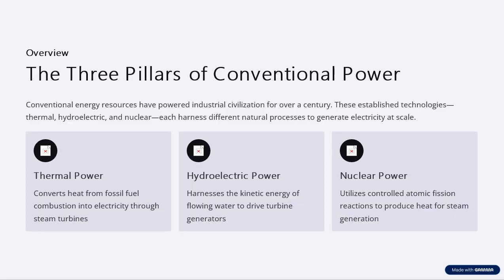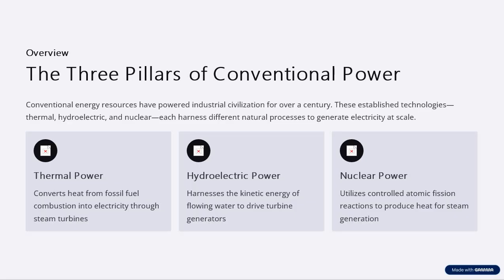Thermal power converts heat from fossil fuel through combustion into electricity through a steam turbine. Next, we discuss hydroelectric power. It harnesses the kinetic energy of flowing water to drive the water turbine and generate electric power.